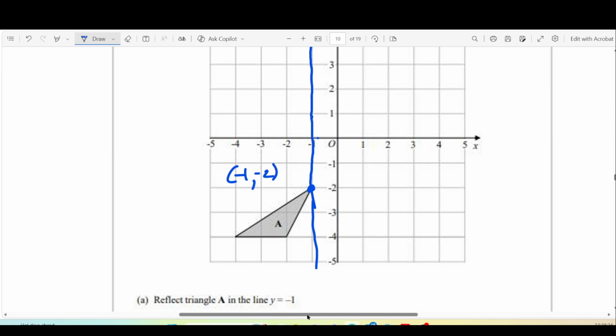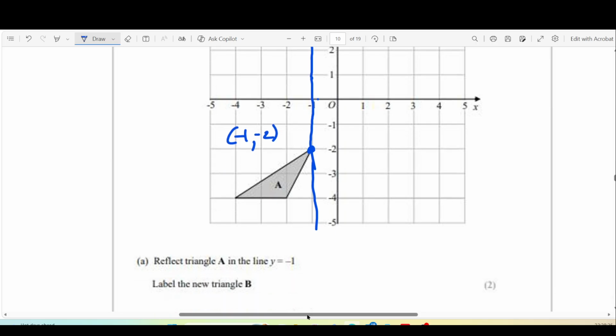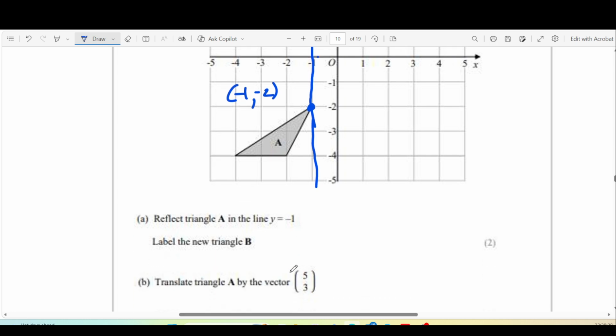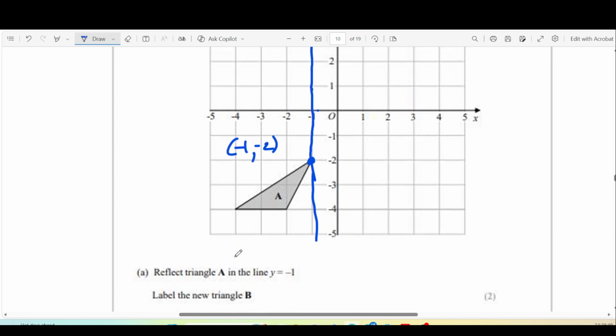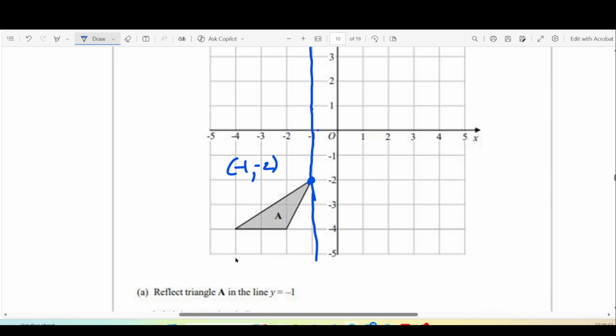So basically what it is saying is reflect this triangle and label the new triangle B. So we'll reflect it to the other side. What will happen if we move it, because it is on y equals negative 1, right?